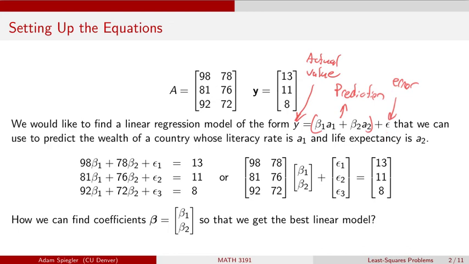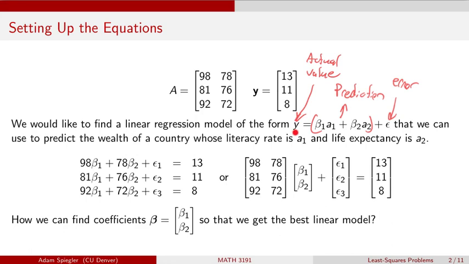There are a couple of things that I should just mention. You might be wondering, why did I choose these two variables, literacy rate and life expectancy, and not other things? That's a really complicated question as far as what predictors we should include in our model. The first thing we need to do is start experimenting with different models. So here's one such model that might work.